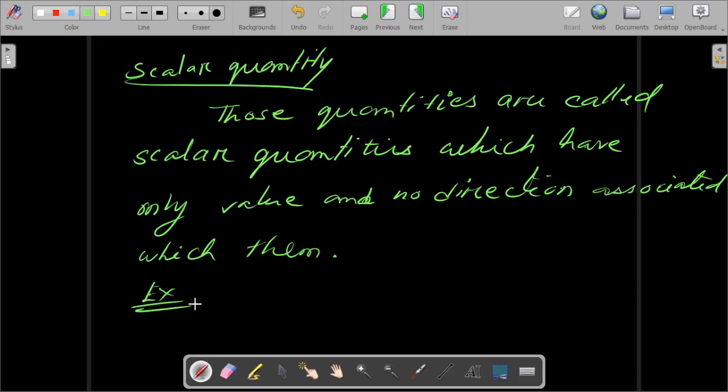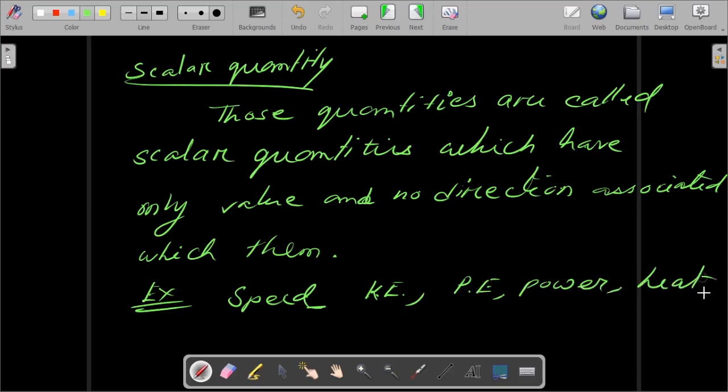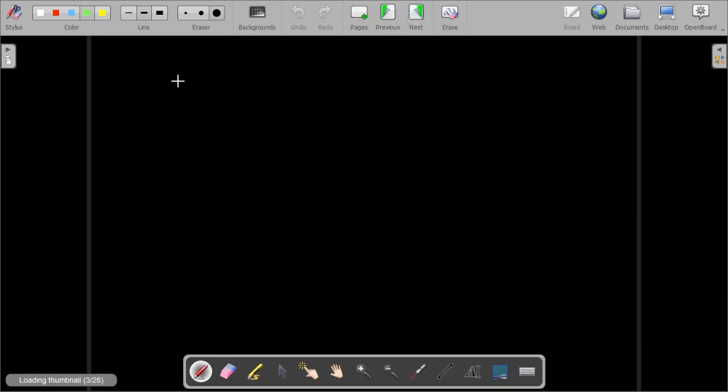So they have no direction, right? For example, heat, kinetic energy, potential energy, power. These are examples of scalar quantity. Okay.